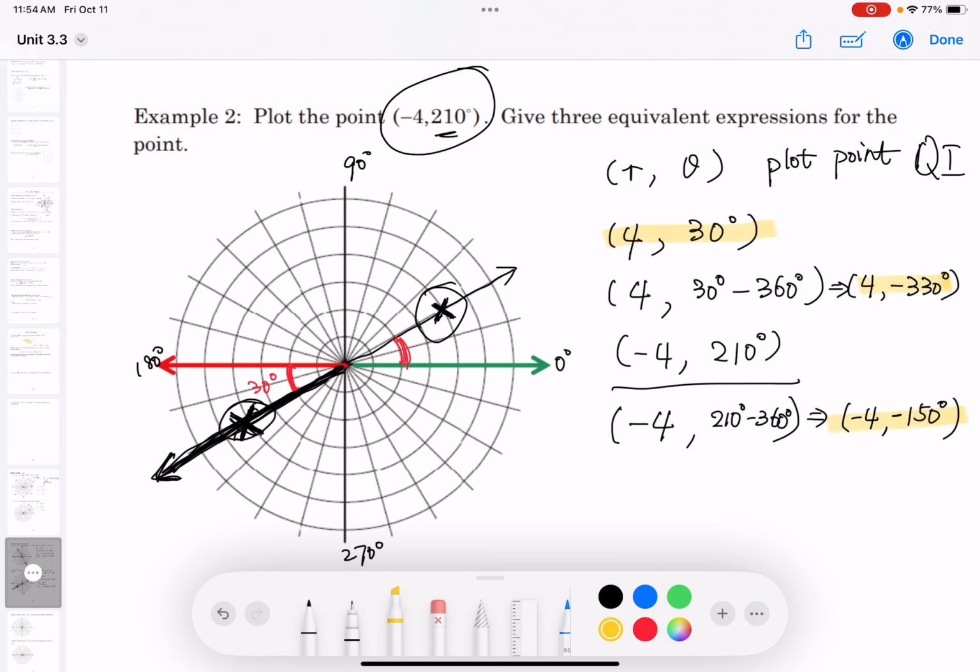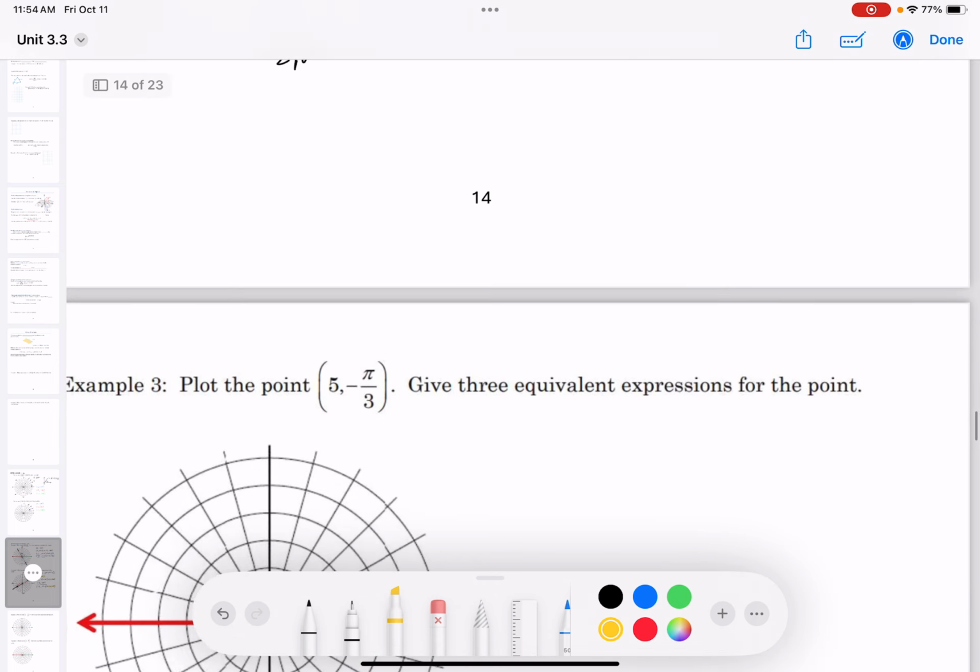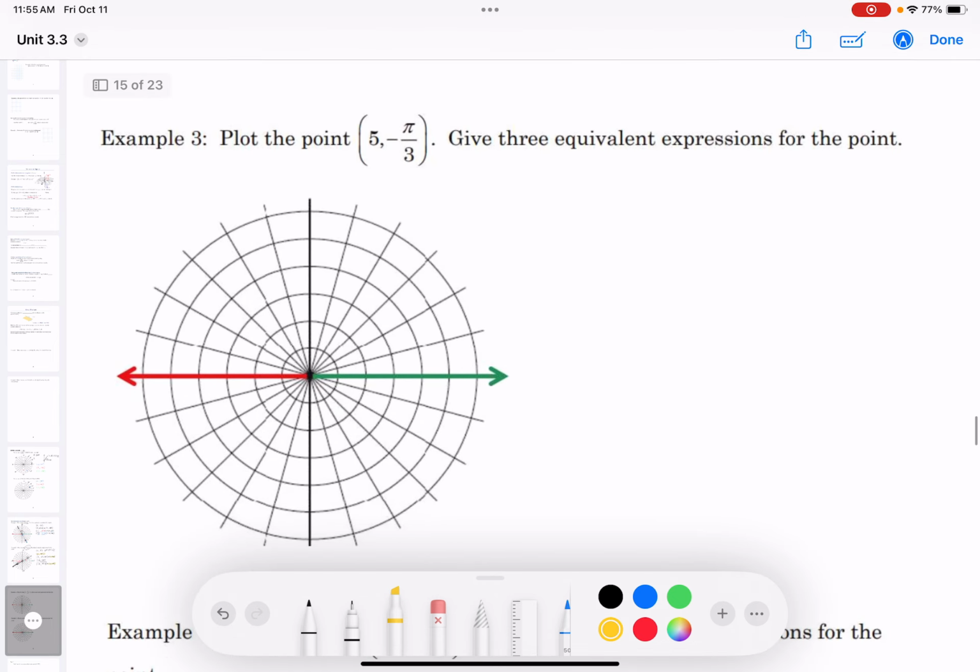Okay, let's move on. Now, if the angle is not in degree measure but in radian measure, it's the same thing. If it's in radians, we have 0, and we have pi, half pi, 3 pi over 2, and this is pi over 4, this is pi over 6, pi over 3.